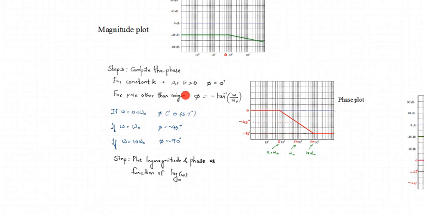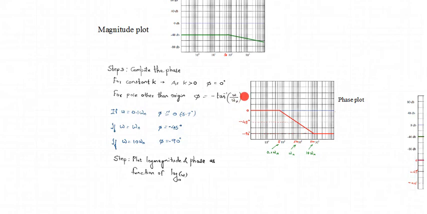And when we have a pole other than at origin, the phase is governed by the equation minus tan inverse omega by omega n. We know that when there is a pole other than at origin, the phase of the system is given by minus tan inverse omega by omega n.